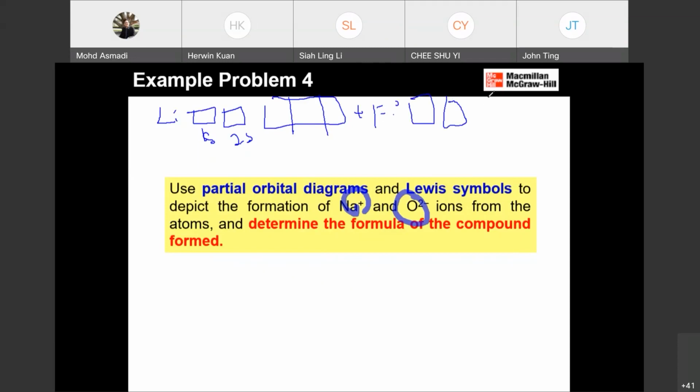1s, 2s. Okay, so fill this one up first.